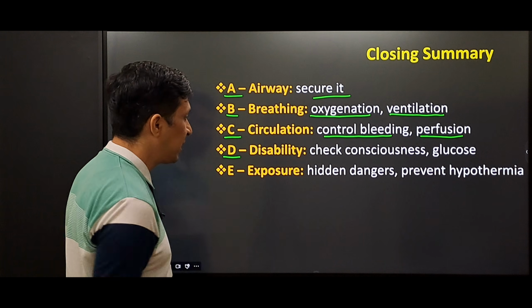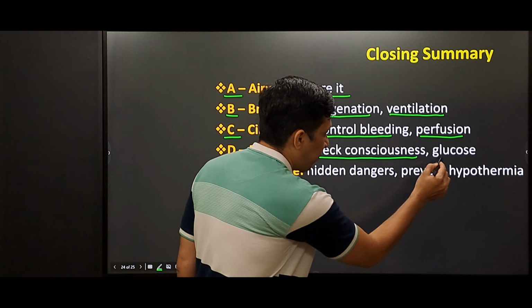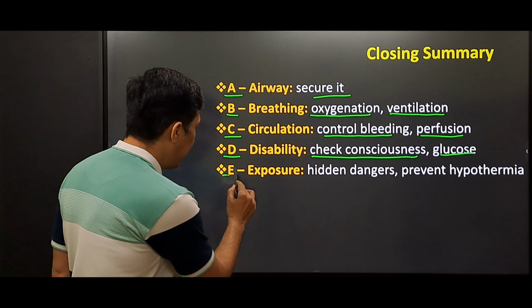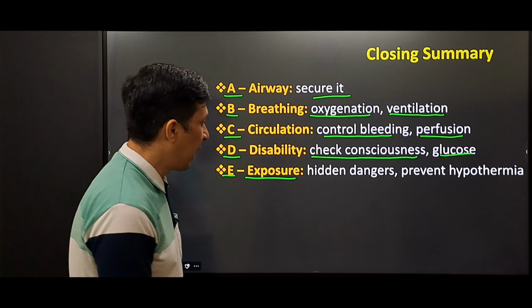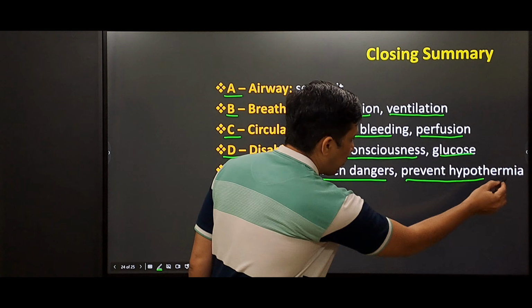D stands for disability, and here you have to check the consciousness, and an important thing that you have to check is the blood glucose. And E stands for exposure, and here you have to search for the hidden dangers and also you have to prevent hypothermia. In emergency conditions, you have to be calm, composed and confident. And this ABCDE approach will give you that confidence during emergency situations.